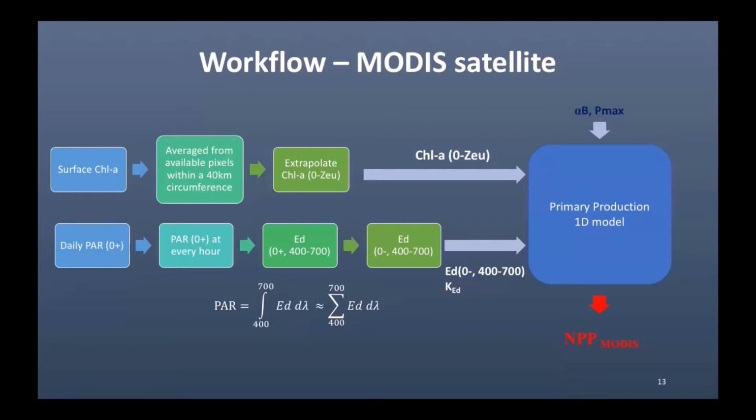With all these values, the chlorophyll profiles, the irradiance profile, and the diffuse coefficients of the downward irradiance, I put them into the primary production models to calculate the net primary production of the satellites.